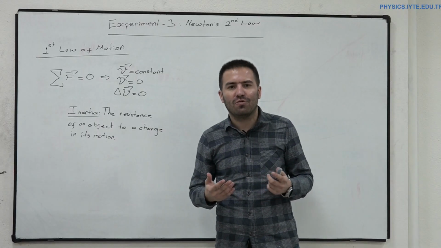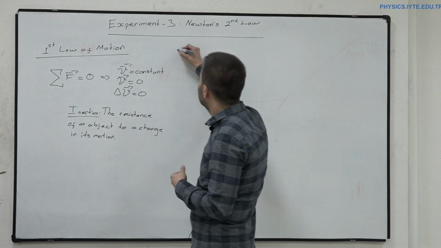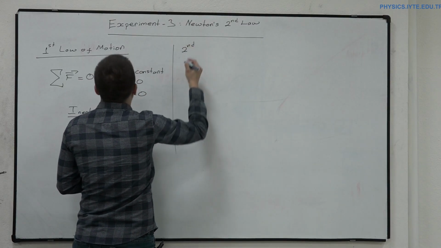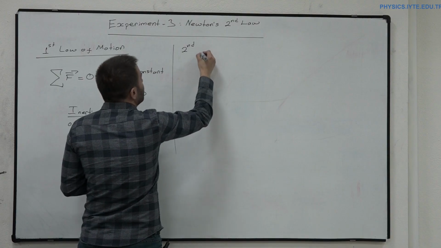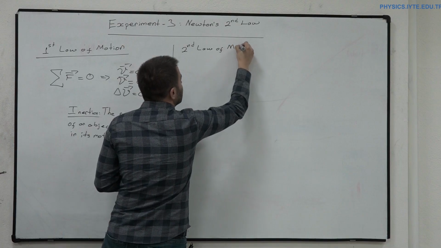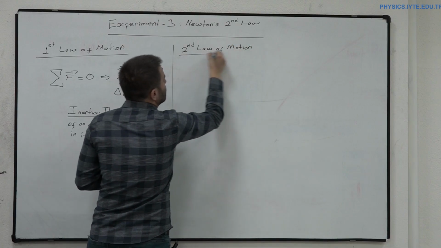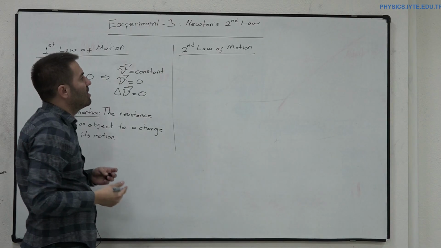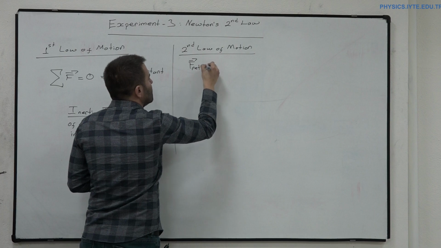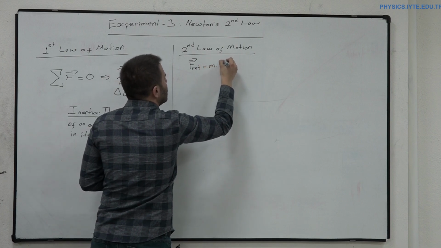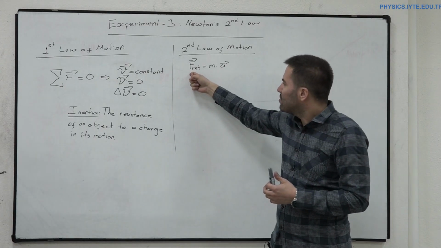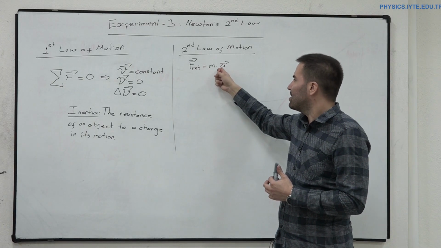Which brings us to the second law of motion, which is what we are going to be trying to prove today. It is explained by the famous equation that says the net force is equal to m times a, which basically says that a given force will cause a change in motion.